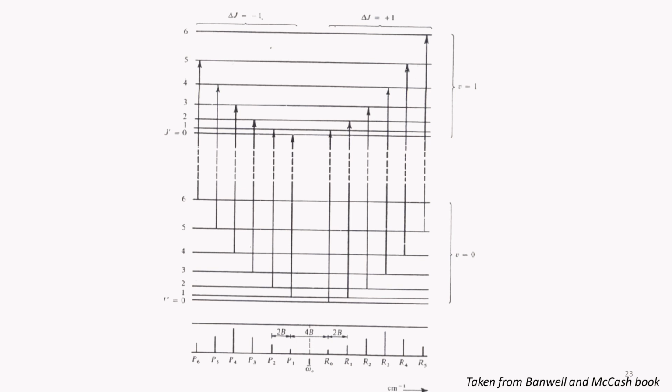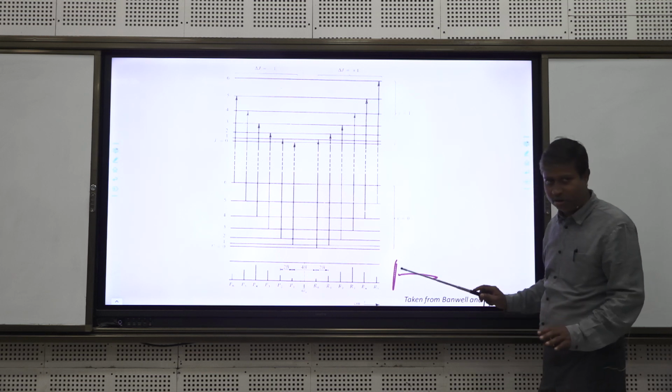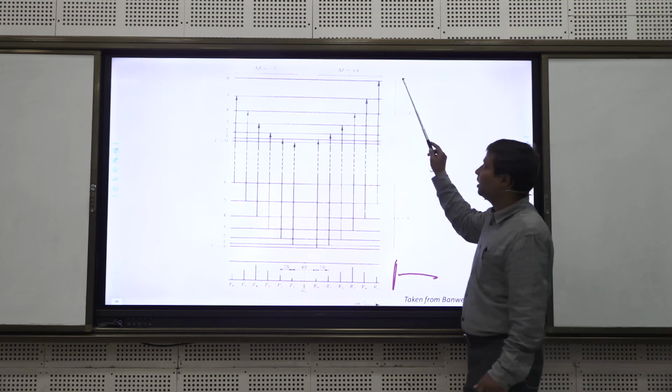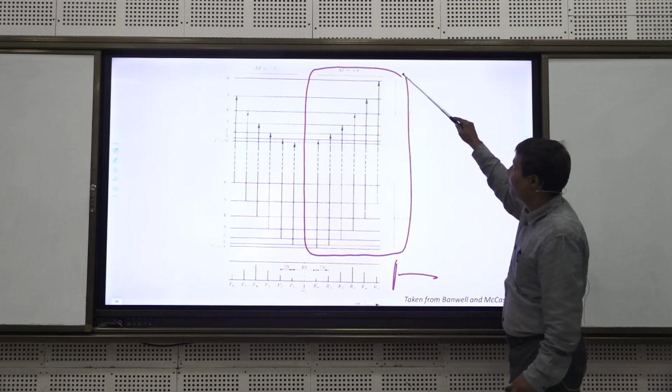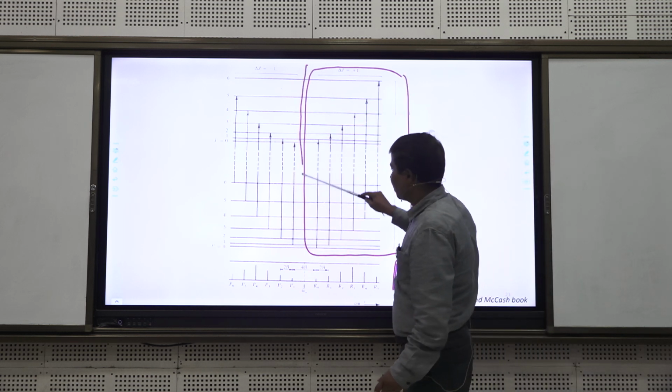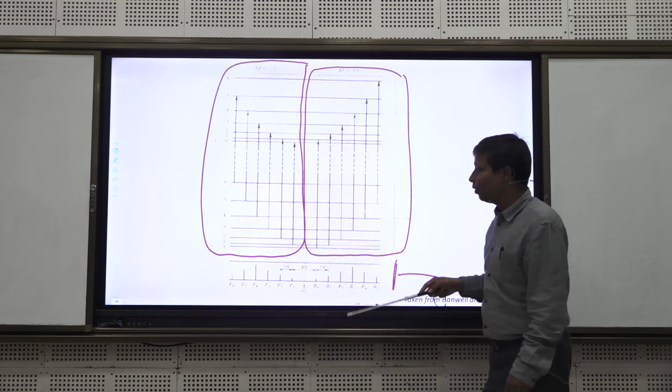If you see it part by part, this one is the spectrum that appears. Just ignore the spectrum as of now. There are two parts in this. This is one part, and this is another part. Why two parts?